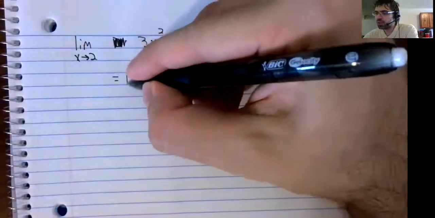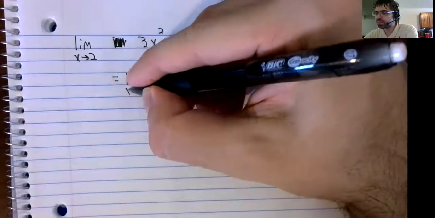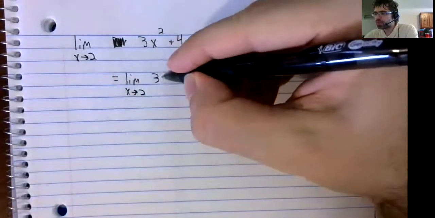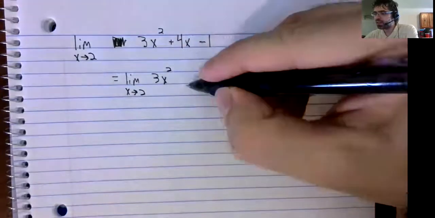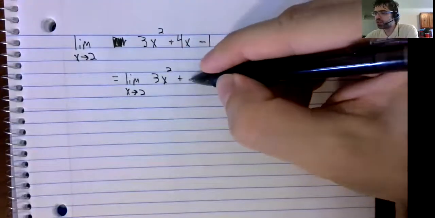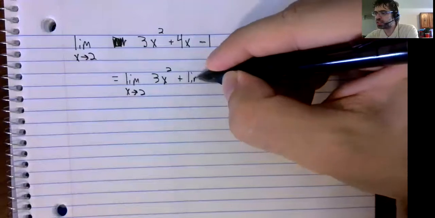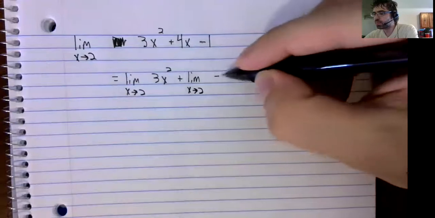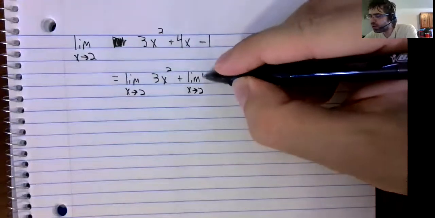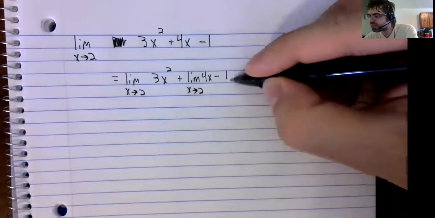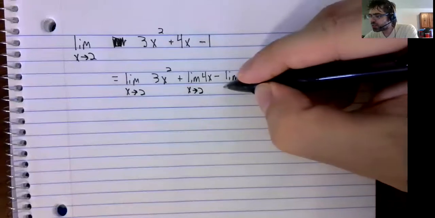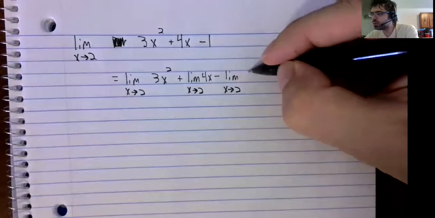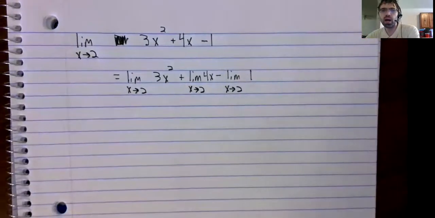So one limit can break into three: the limit as x approaches 2 of 3x squared, plus the limit of 4x, minus the limit as x approaches 2 of 1.